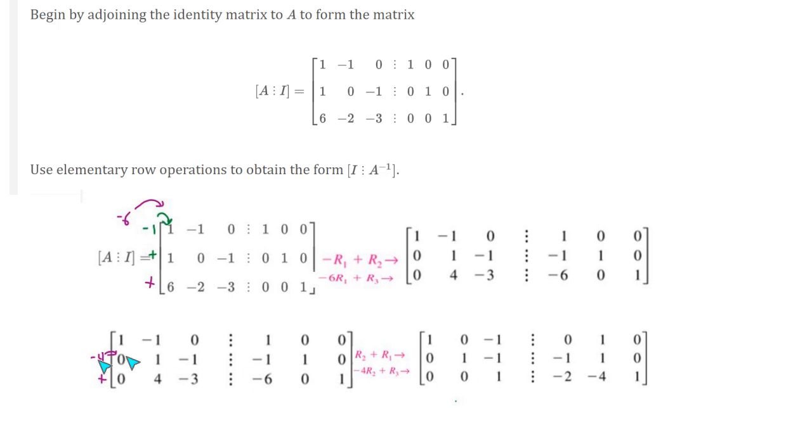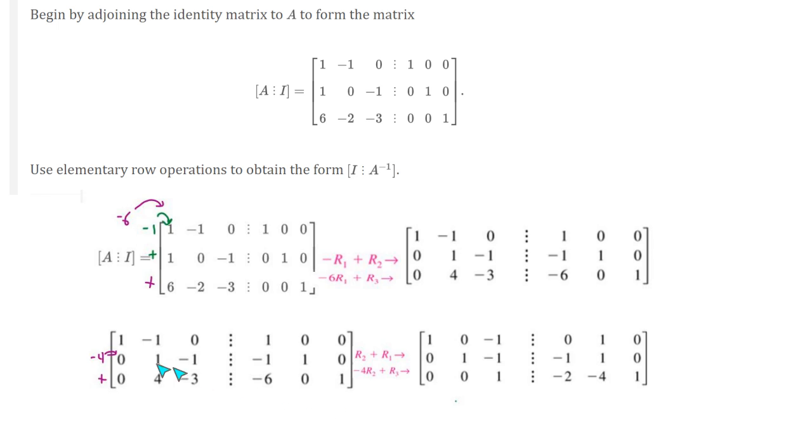And -4 times -1, +4, plus -6 gives me a -2. And -4 times 1 is -4 plus 0, -4. -4 times 0 is 0, plus 1 is 1.